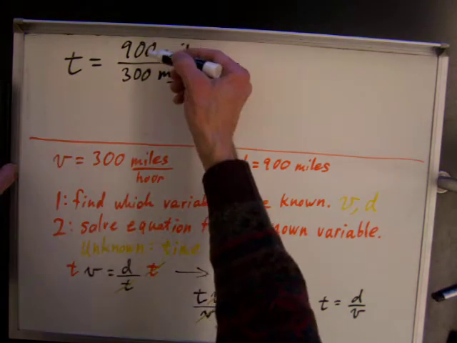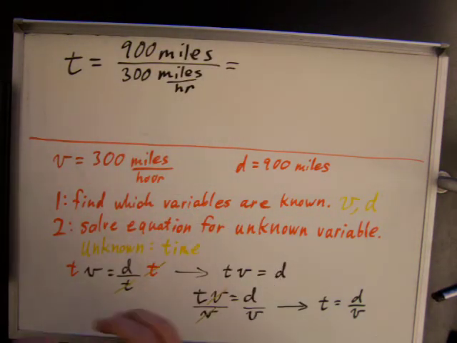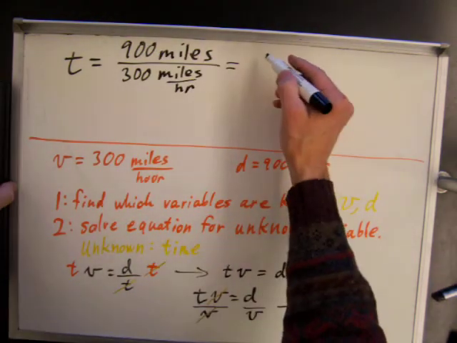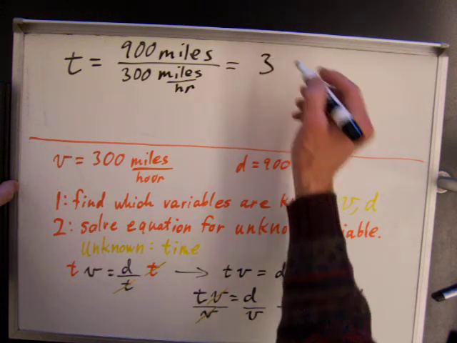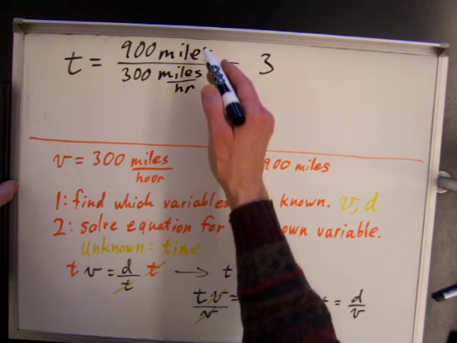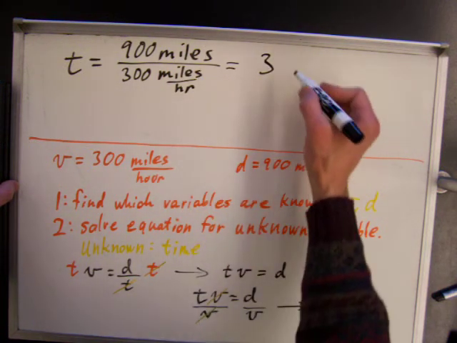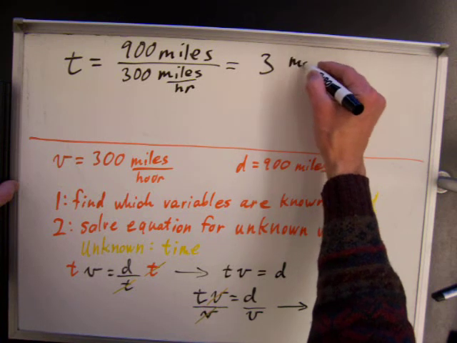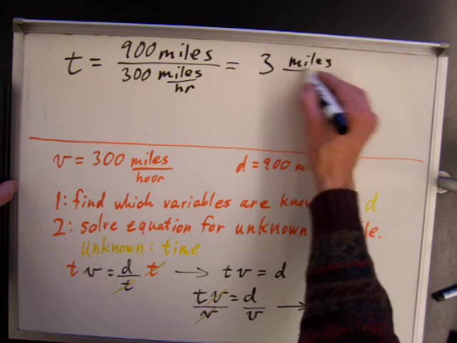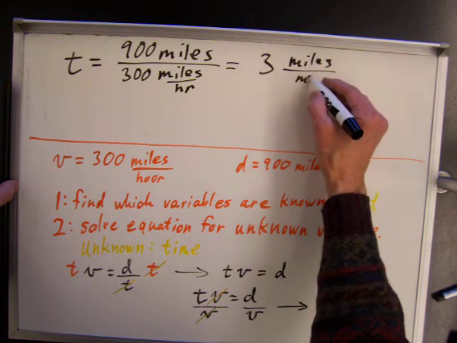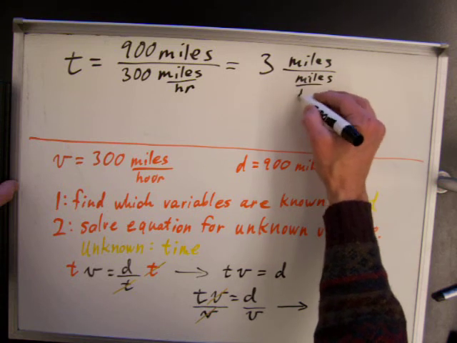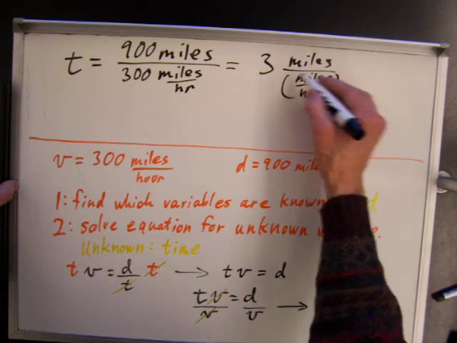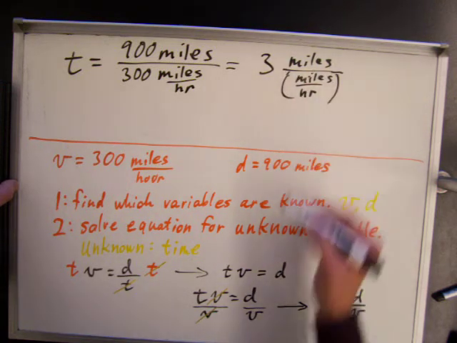Now, I can do some math. 900 divided by 300, that's pretty simple. That's 3. And what are my units? Well, let's see. I've got miles on the top and miles per hour on the bottom. I'm going to put that whole thing in parentheses to show that that is all on the bottom.